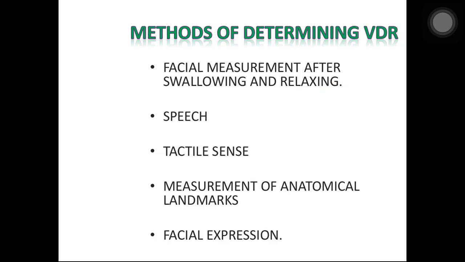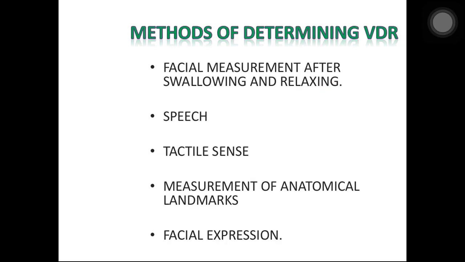Basically, we should know that the reason behind having different methods in recording vertical relations is that no one method is completely accurate. So a clinician is required to keep in mind all of these different methods during jaw relation records.